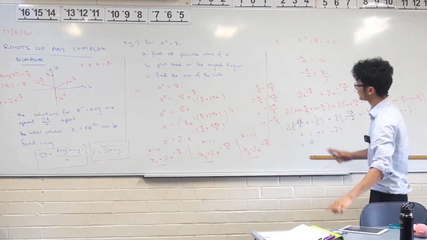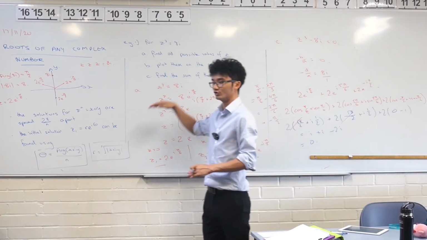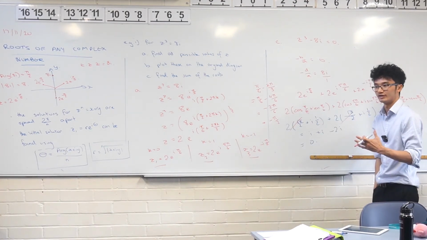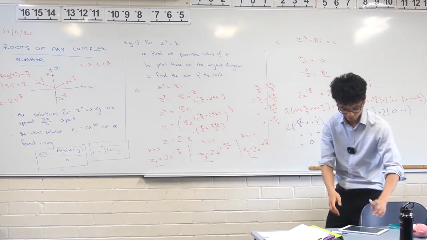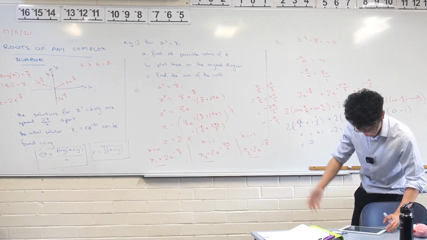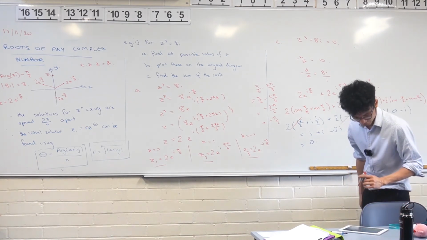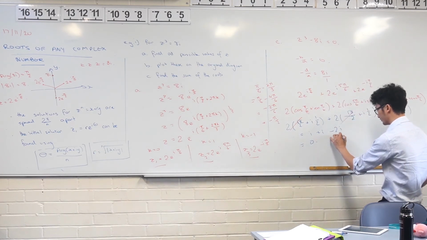So this is something that we'll prove a bit later on, but the sum of the roots of a complex number is actually always going to be 0. So I'll formalize that for you here. We won't prove that right now, but I will write that out. So the sum of the roots is 0.